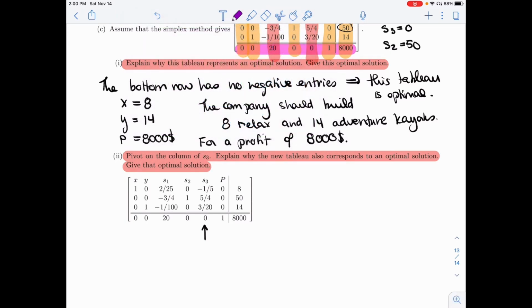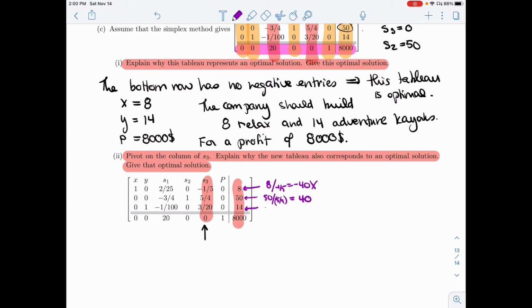All right, so let's see what the ratios give us. It's always the constants over the column on which we pivot. So here it's 8 over minus 1/5. It's minus 40. Negatives not allowed. This one is 50 divided by 5/4. That's 40. This is fine. We just don't know if it's the smallest.